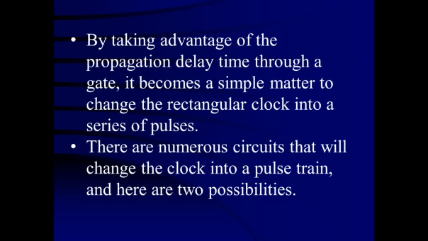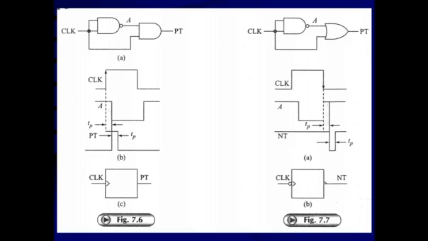There are numerous circuits, but here we are going to utilize a NAND gate followed by an AND gate for positive transition, and a NAND gate followed by an OR gate, which generates negative transition pulses. You can see this circuitry.